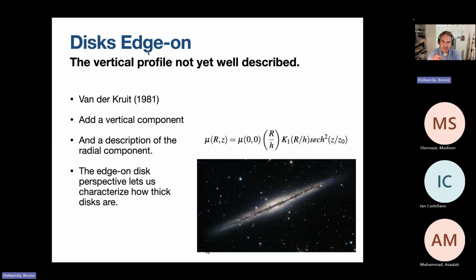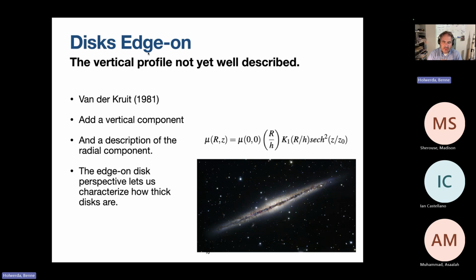So there is a central surface brightness and then a radial dependence, and then this K, which is a truncated gamma function, really an exponential on its side, like an integrated exponential disk, and then a sech squared vertical dependence.